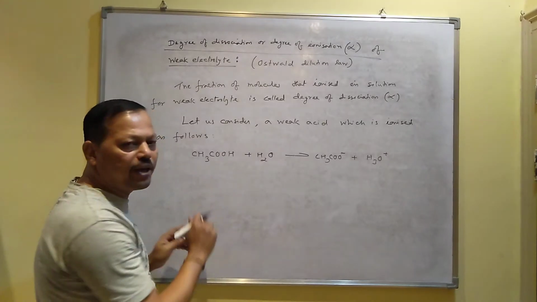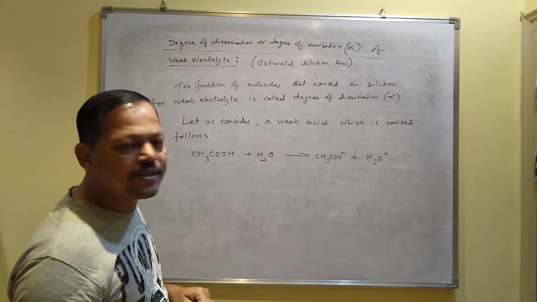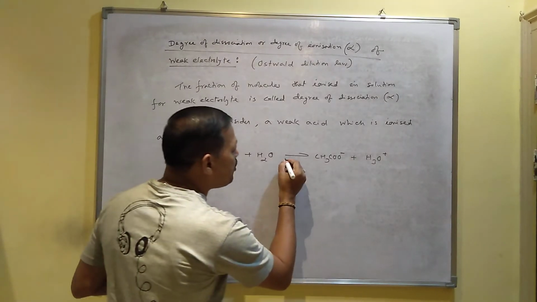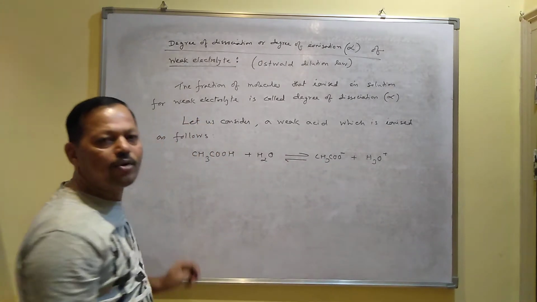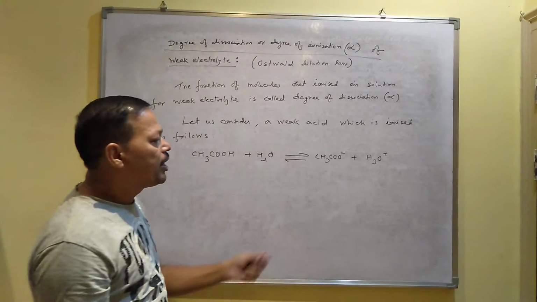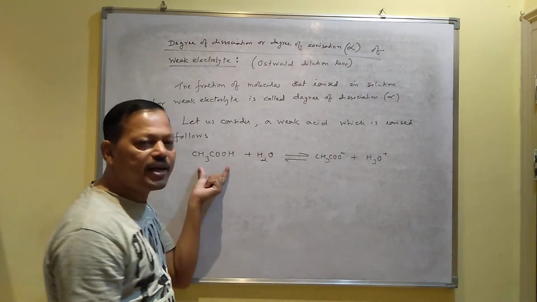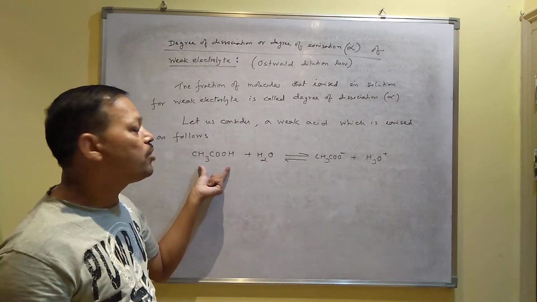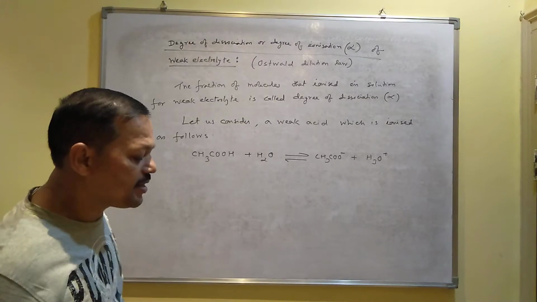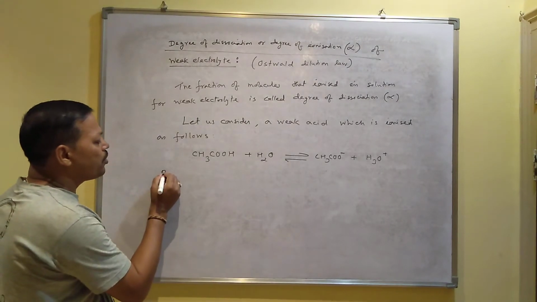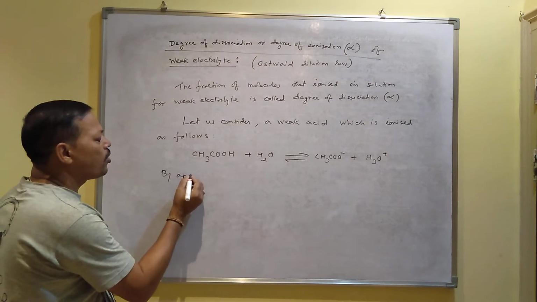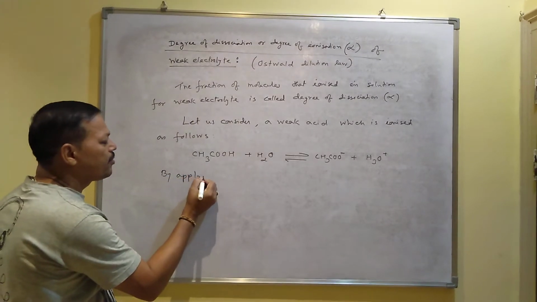And since it is weak, it does not undergo complete ionization, and that is why you will get one equilibrium between the dissociated ions and the undissociated molecule. Inside the solution, you will get ions and also some undissociated molecules. Now, in chemical equilibrium, there is a law called law of mass action.